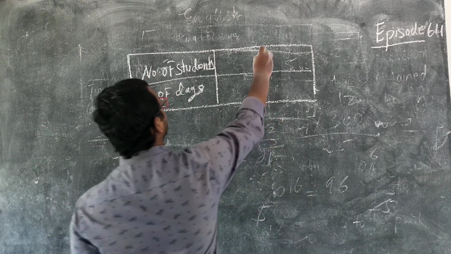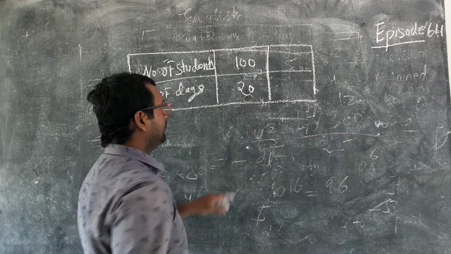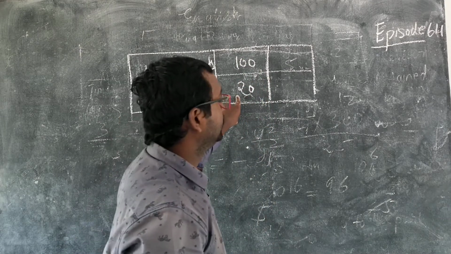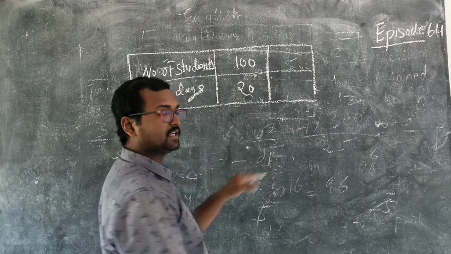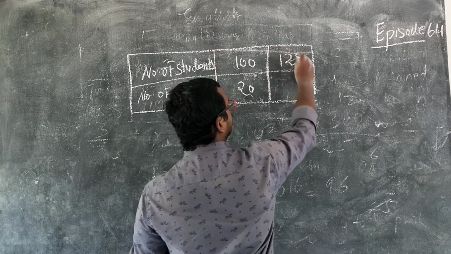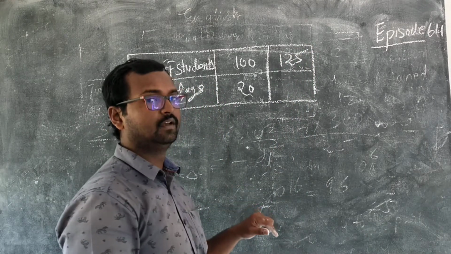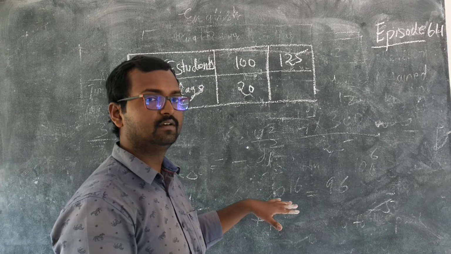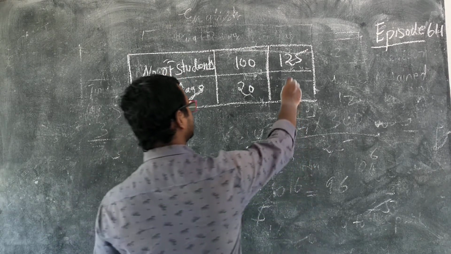So here, number of students is 100 and the food provision was for 20 days. Now 25 more students joined, which means already 100 was there, plus 25 is 125. So automatically when 125 students are there, the food provision will reduce because more people are there for consuming the food.